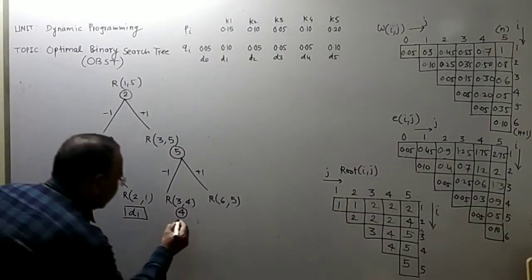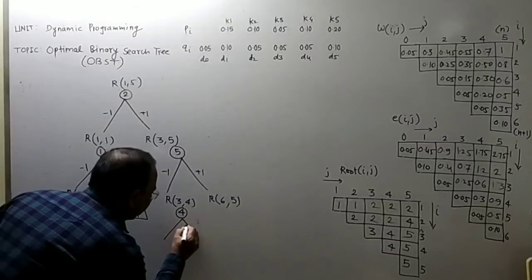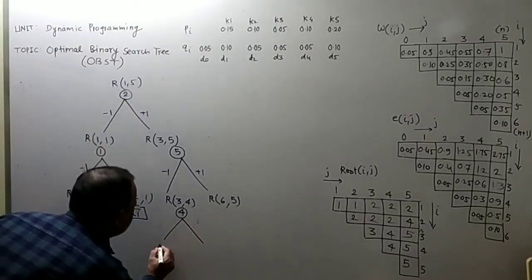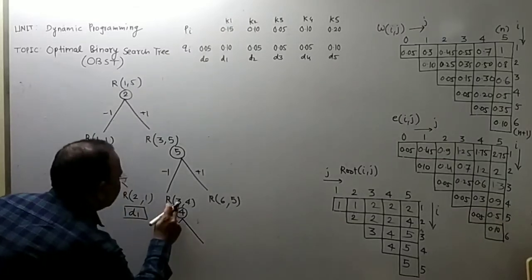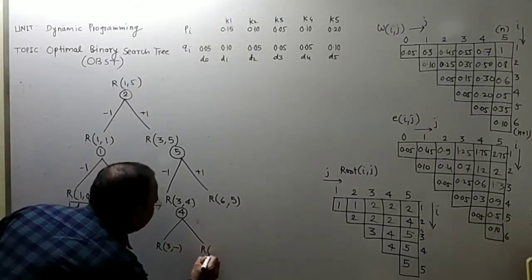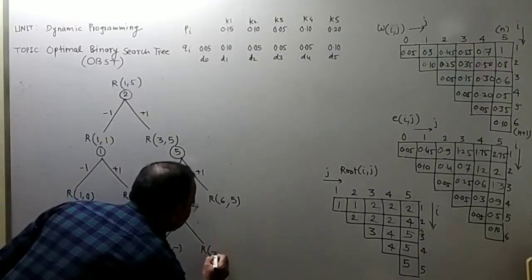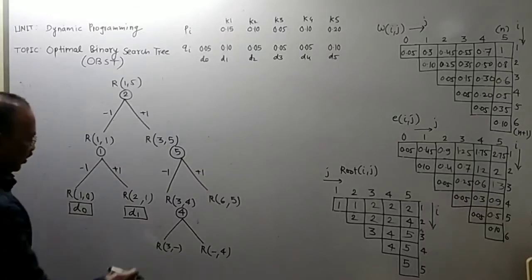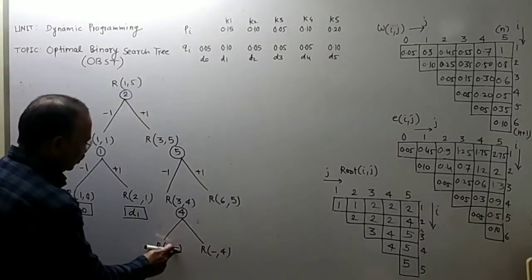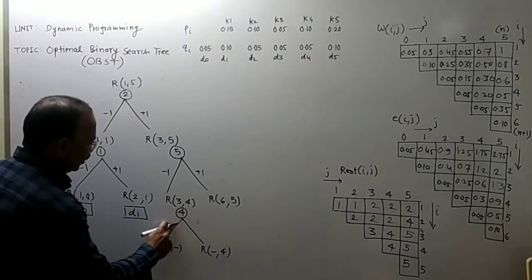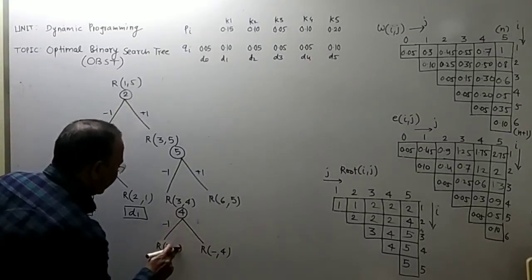Then extend this with two children, left and right, that is r3 comma dash and dash comma 4. For this place we get the value by subtracting 1 from 4, that is 4 minus 1, which is 3.